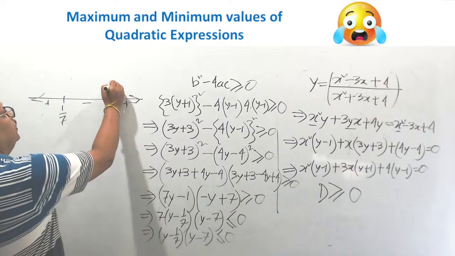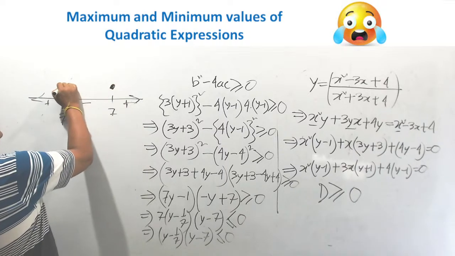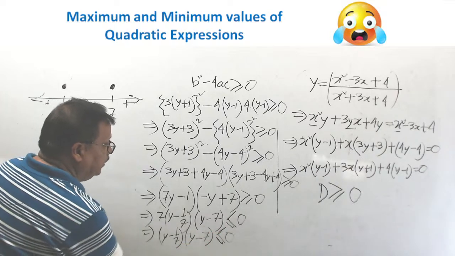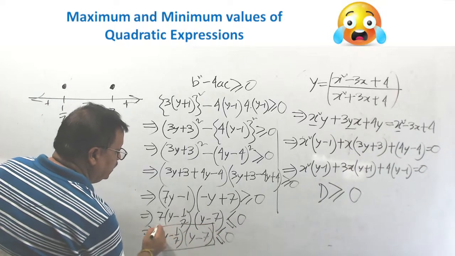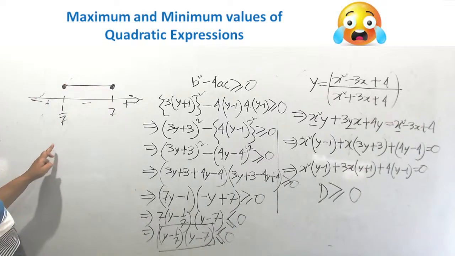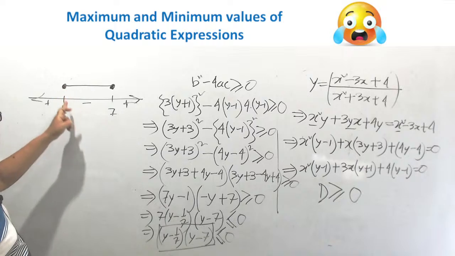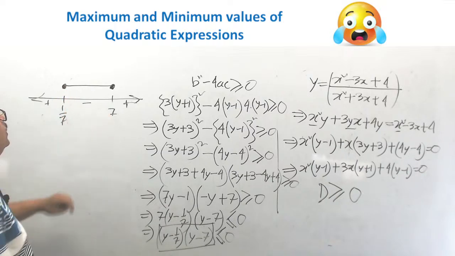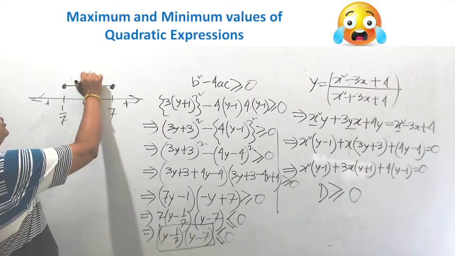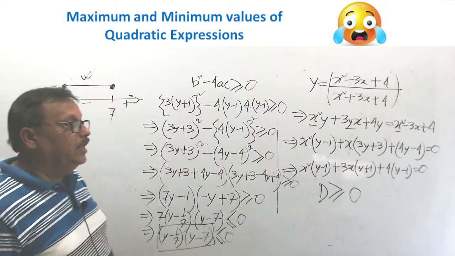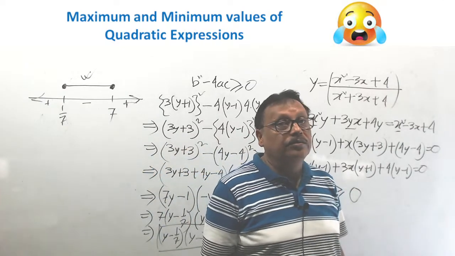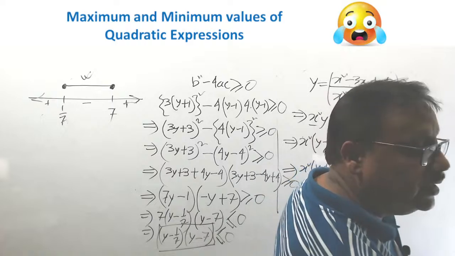The points are solid because there is an equal sign with less than. That means the values are negative, so minus in between. The values of y always lie between 1 by 7 and 7. Understood? This portion is the answer. That's the problem, this way you have to do it. I think it is clear?